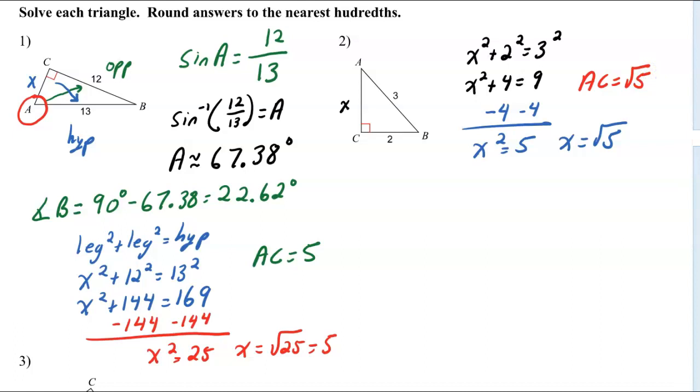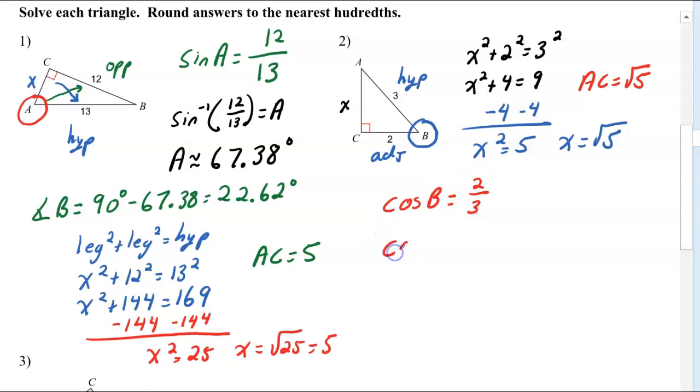Next, I need to find angle A and angle B. This time I'm just going to circle angle B. 3 is called the hypotenuse. 2 is the adjacent side. So this time I'm going to use cosine. So the cosine of angle B is equal to 2 over 3.